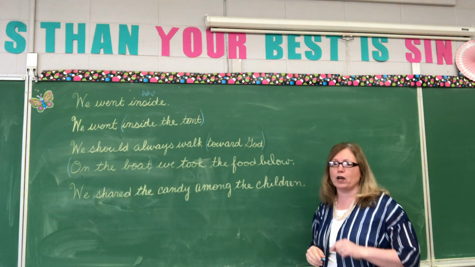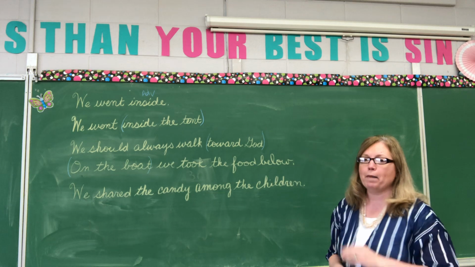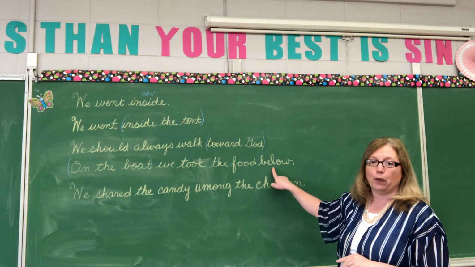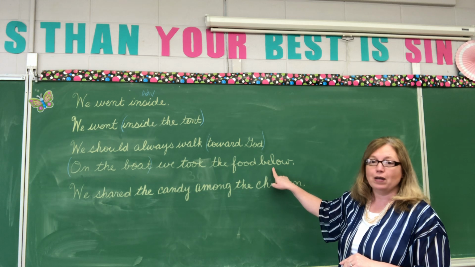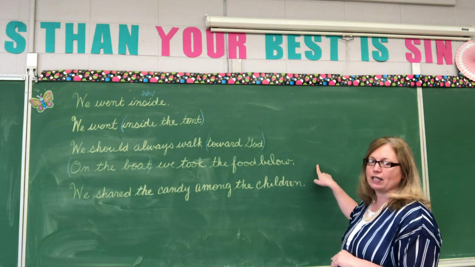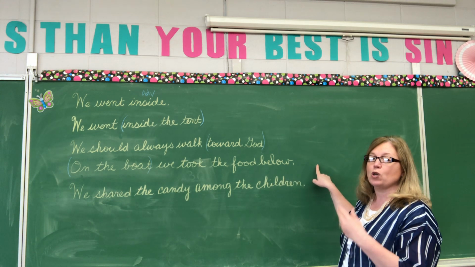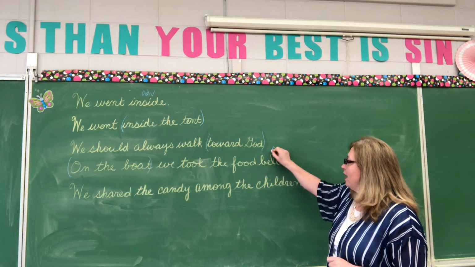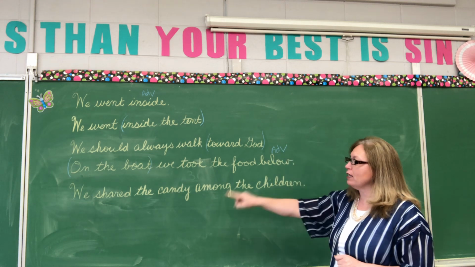Now there's one more word in that sentence that could be a preposition because it's on my prepositional list. That's the word below. The word below does not have an object after it. So it tells us where we took the food. So below is an adverb. Okay, look at the next one.